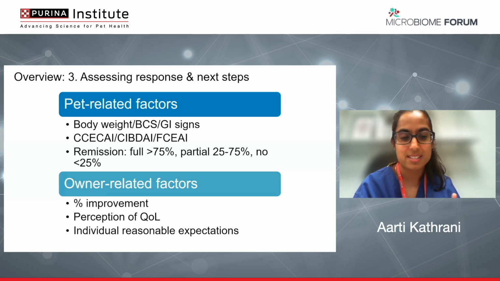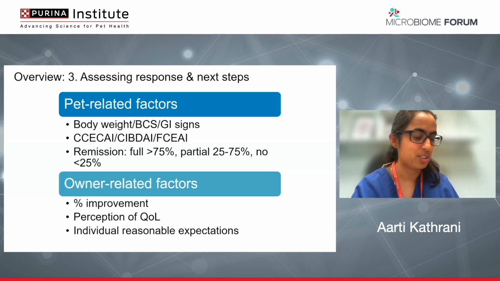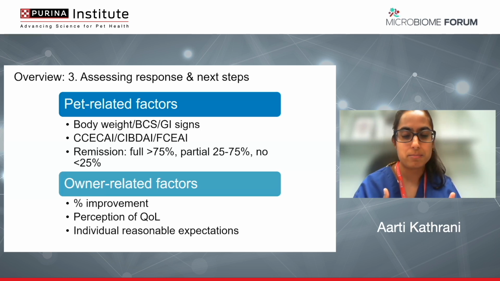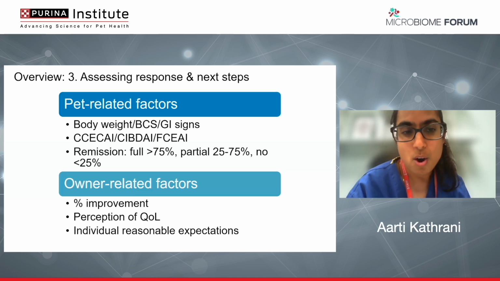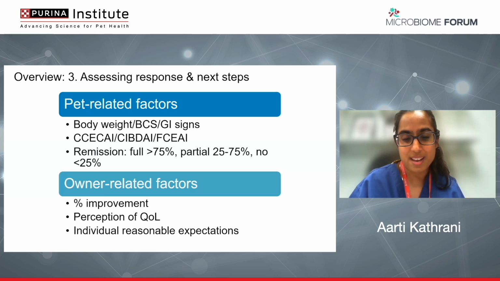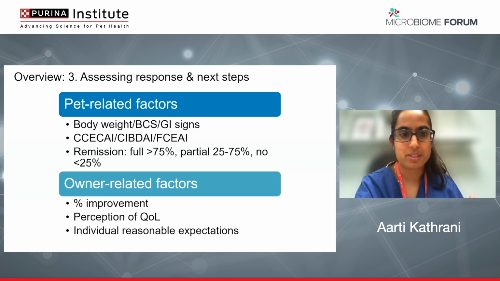And it's interesting, we get some owners where the disease activity has reduced by 90%, and in their impression, it's only improved by 20%. And so it's important to know that, because if that's an owner that has unreasonable expectations, it's kind of just making sure that you let them know that we may not be able to meet that. Or you might sometimes have an owner where they're like a 90% reduction, but the disease activity is only reduced by like 30%.